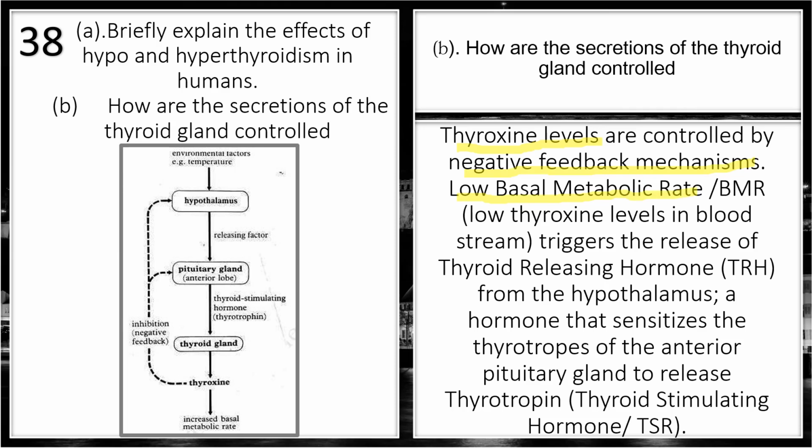Low basal metabolic rate, meaning low thyroxine level in the bloodstream, triggers the release of thyroid releasing hormone, TRH, from the hypothalamus, a hormone that stimulates the thyrotropes of the anterior pituitary gland to release thyrotropin, thyroid stimulating hormone, TSH.